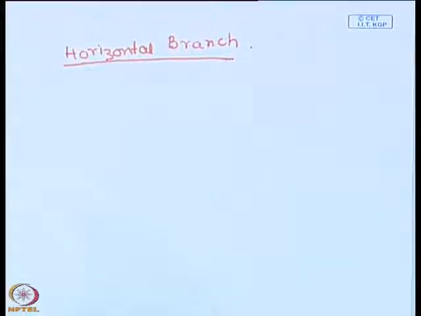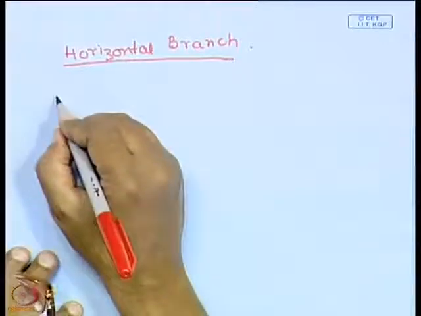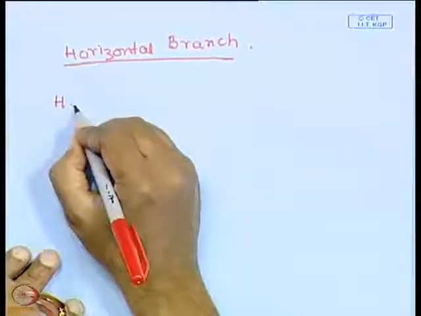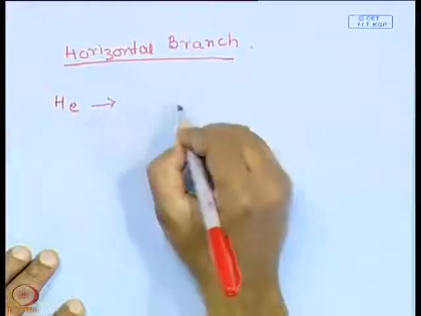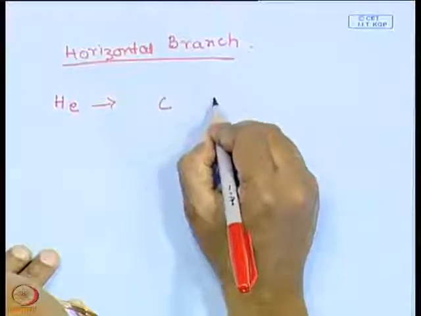In this part of stellar evolution, helium gets burnt, as I have mentioned earlier, into carbon, mainly carbon and oxygen.